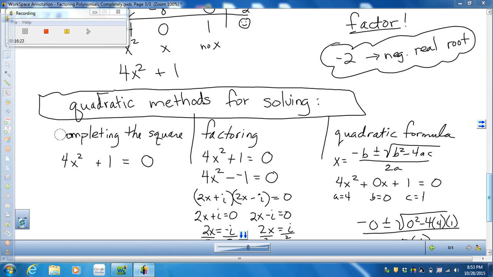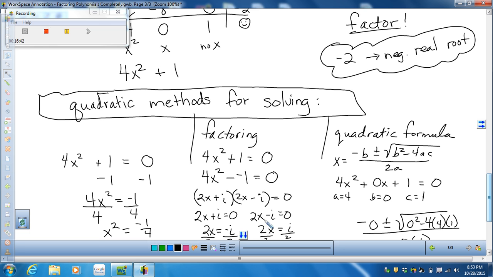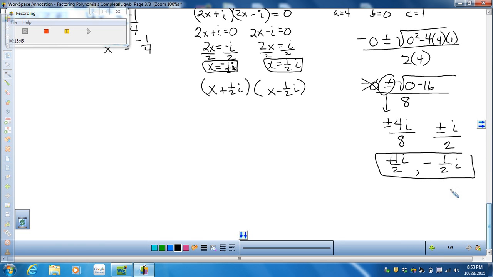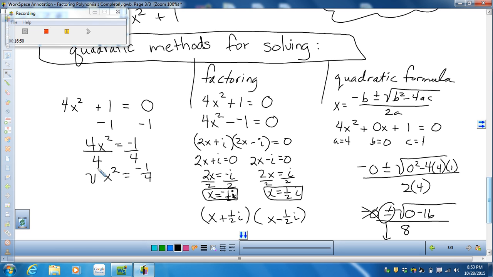Let's solve for x. Just solving it the regular way we would solve a square root problem. We're going to subtract 1 from both sides. So we get 4x squared equals negative 1. We're going to divide by 4, and then we are going to square root both sides. Now because it's a negative 1/4, when I square root both sides, I'm still going to take the positive or negative of the square root, but because it's negative, I have to take care of that negative with an i.